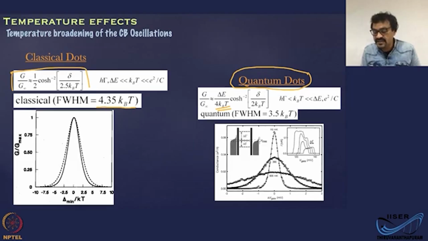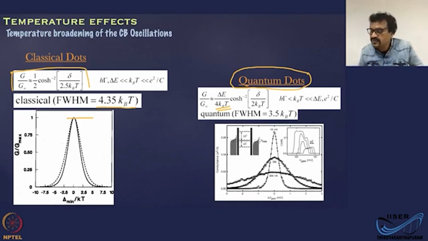In the classical case, transmission is not a function of temperature, and the peak height is always the same. In the quantum mechanical case, the peak height is also going to vary. Okay. So in the zero temperature limit, it's always a resonant transition. So the width is a delta function, so the width is almost negligible. But as you increase temperature, the Coulomb blockade oscillation peaks will get broader, but at the same time they also will get shorter.